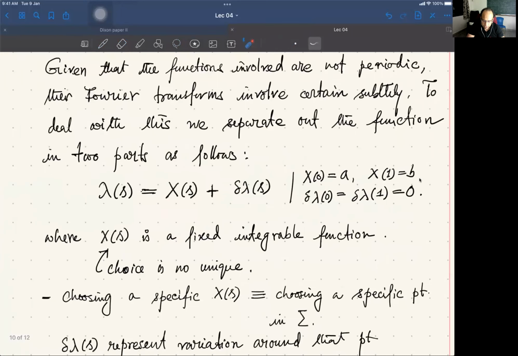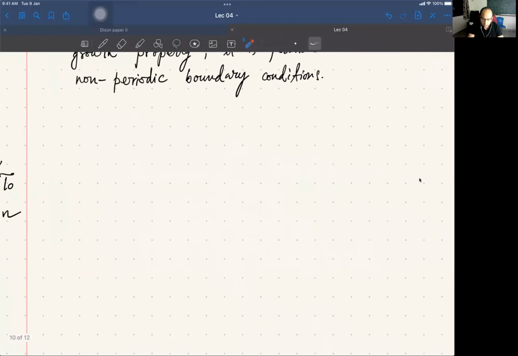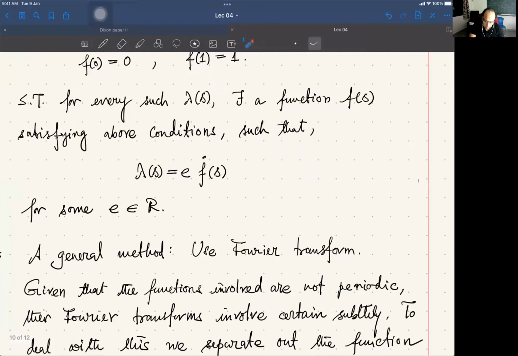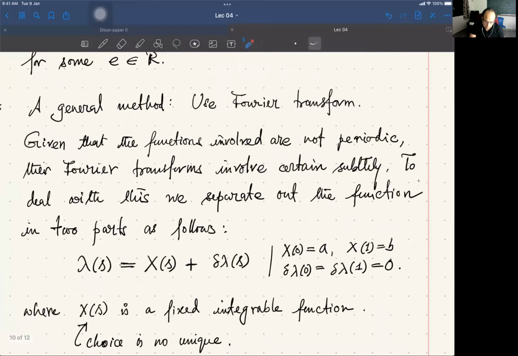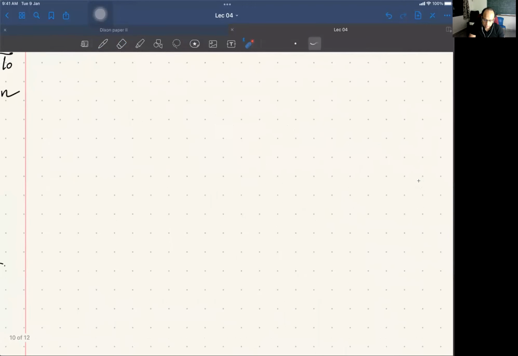This is a fixed function, and it is chosen in such a way that it is integrable. We can integrate it, and then what one can show is the following. Then this delta lambda will have normal Fourier transformation as usual.